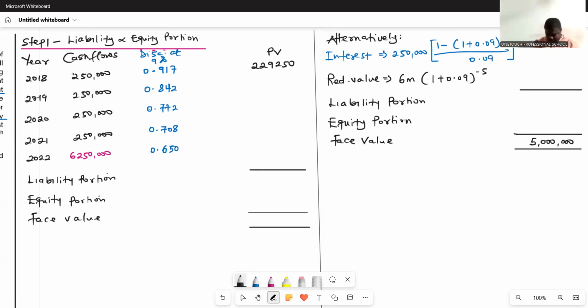The next one, 210,500. The next one, 193,000. The next one, 177,000. The next one, 4,062,500.